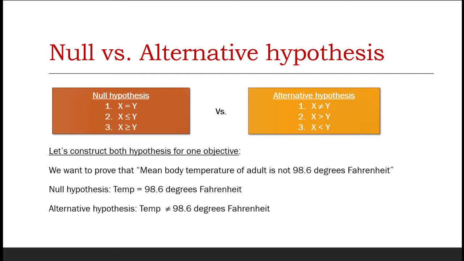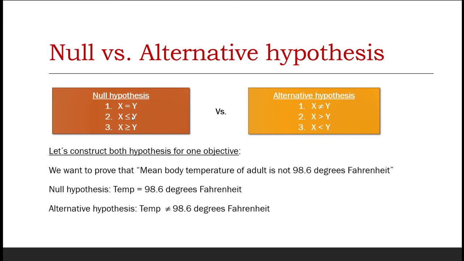Let's talk about the nature of assumptions we have in null hypothesis and how these are opposite to the alternative hypothesis. If null hypothesis assumes that x is equal to y, then alternative hypothesis will say that x is not equal to y.